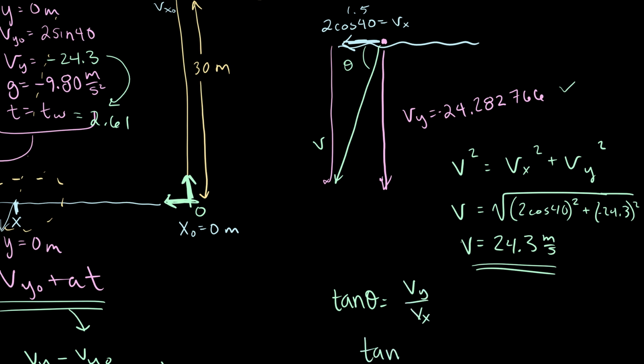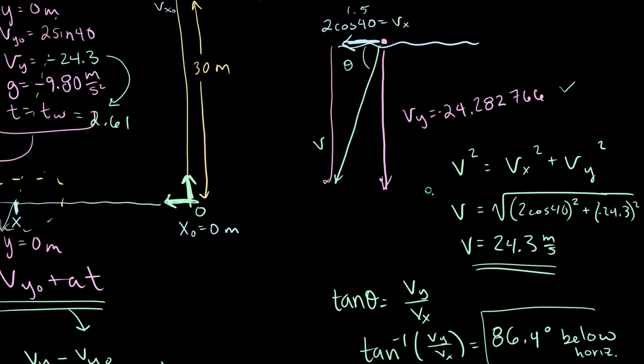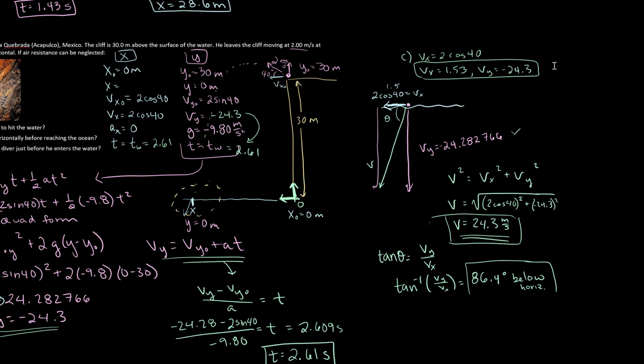So inverse tangent of Vy over Vx is going to end up being 86.4 degrees below the horizontal. So we could alternatively report both the magnitude and direction. Either of those works, either just the components or the magnitude and direction would work for part C.